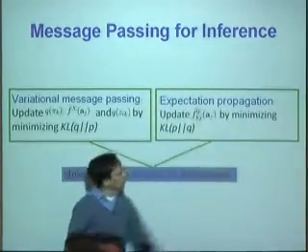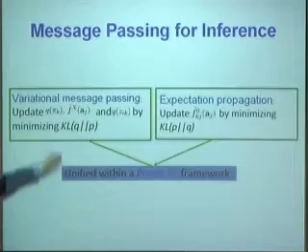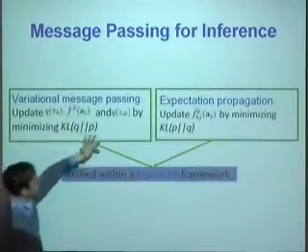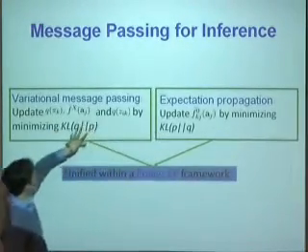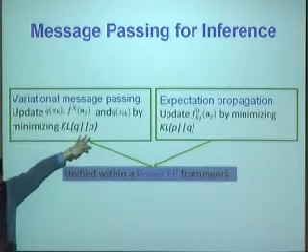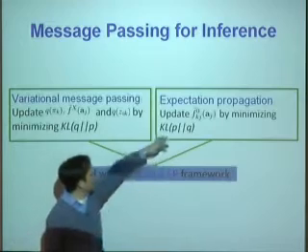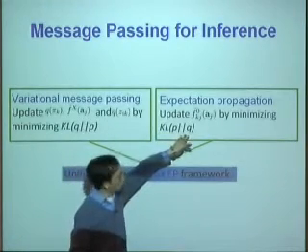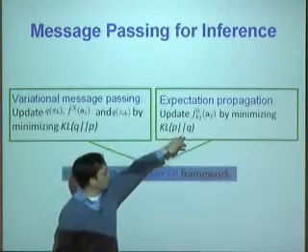And this involves minimizing two types of KL divergence. One is the KL from Q to P, where Q is the approximate distribution and P is the exact posterior distribution. The other is the minimization of KL from P to Q, where again P is exact and Q is approximate.